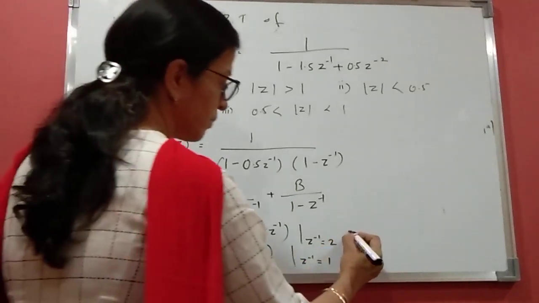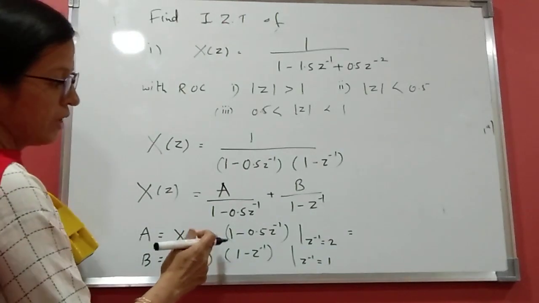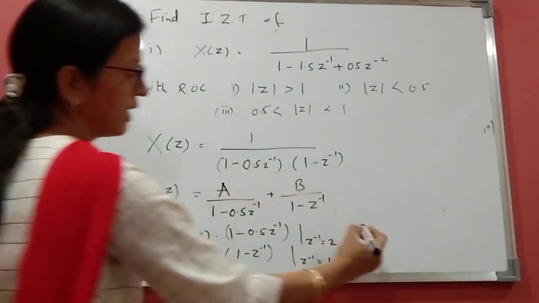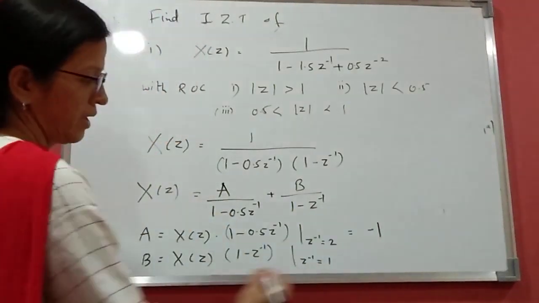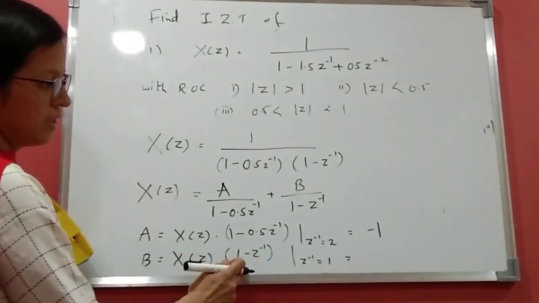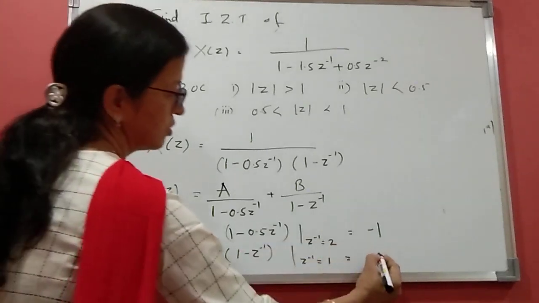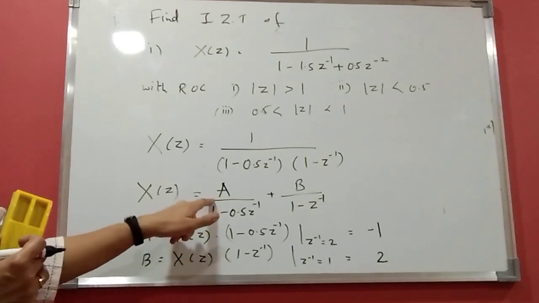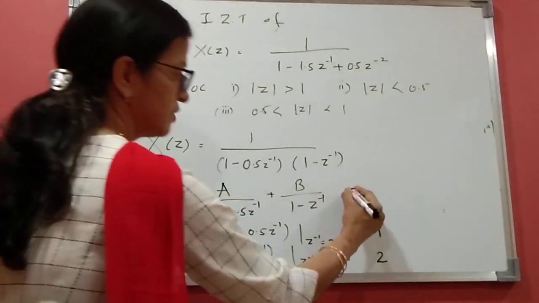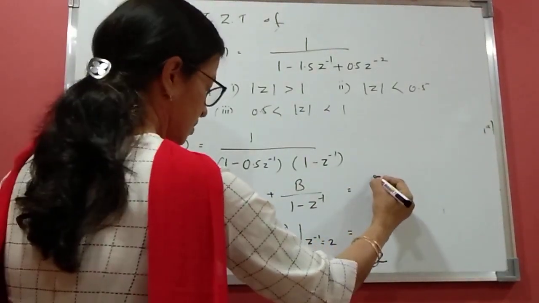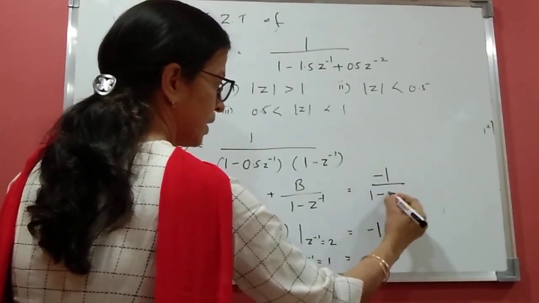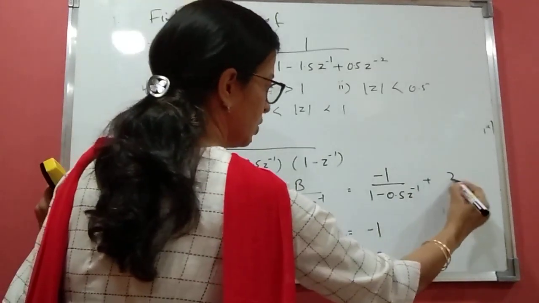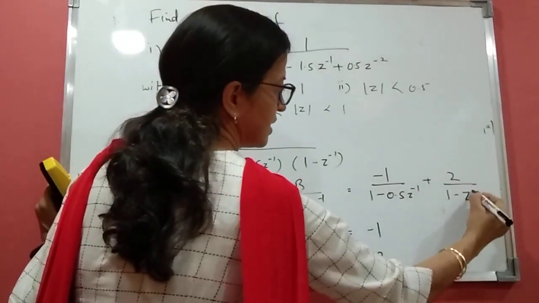If you put in the values, the factor gets cancelled and you put z inverse as 2, you will get A as minus 1. And for B, when you put in the value, you get 2. So putting these values of A and B, we get X(z) equals minus 1 upon (1 minus 0.5 z inverse) plus 2 upon (1 minus z inverse).